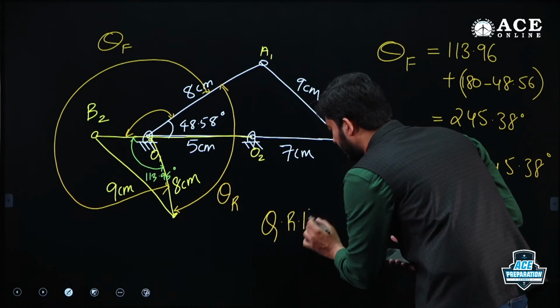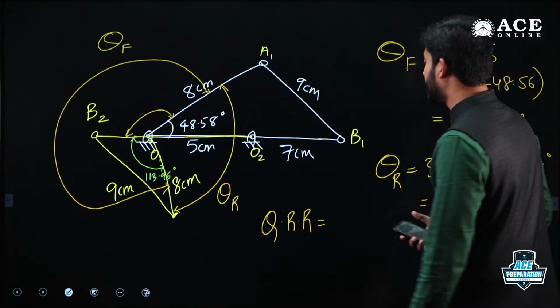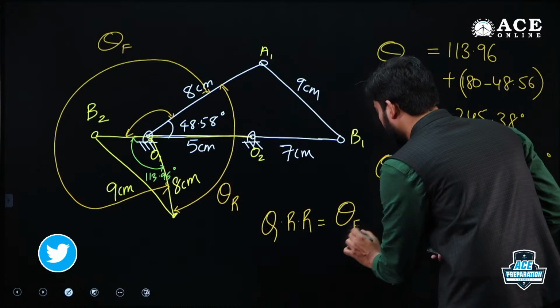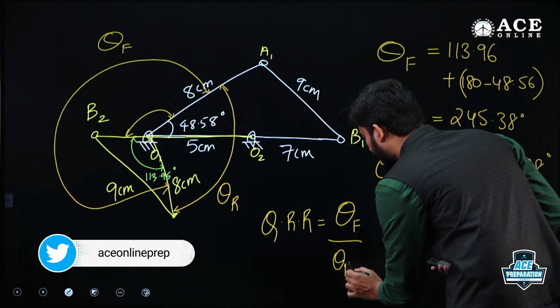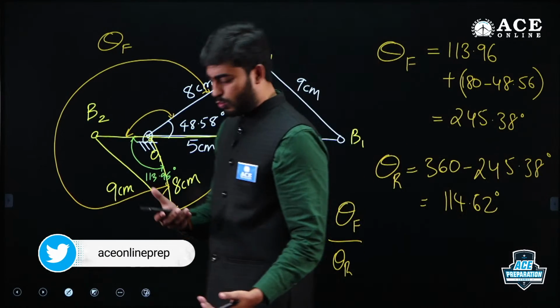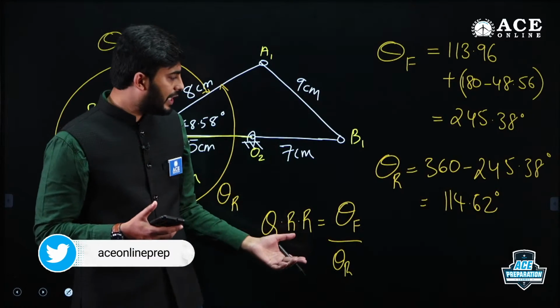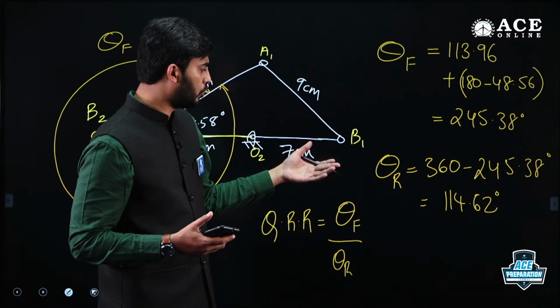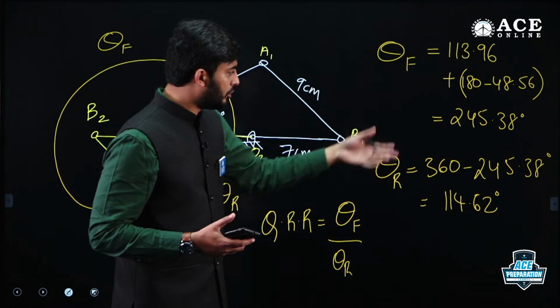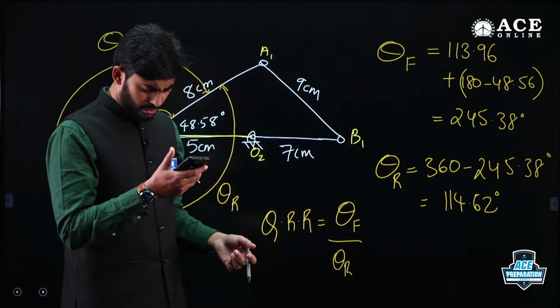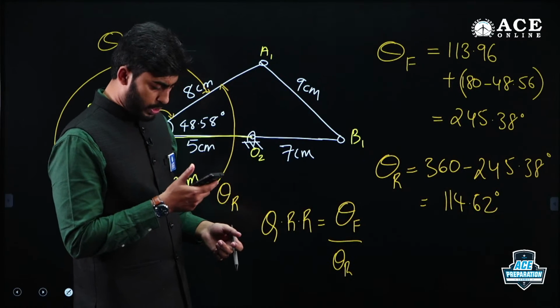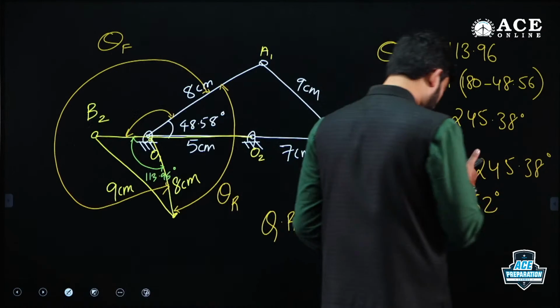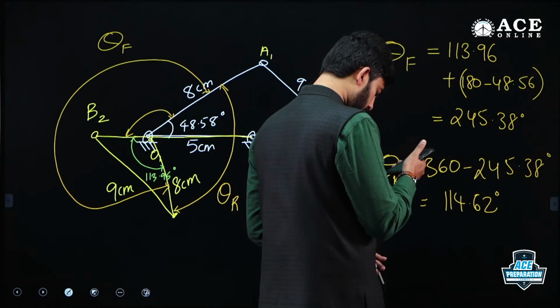QRR, quick return ratio, that is theta forward by theta return, approximately this will be 2 or 2.1, I guess. 245 means 114 into 2 is 228. So this will be slightly greater than 2. I am just approximating the answer.